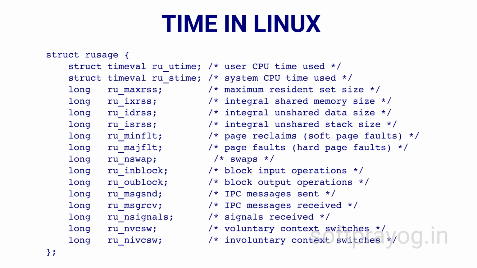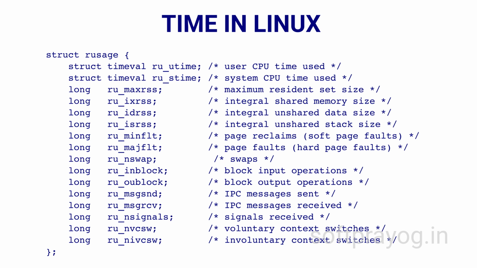Let's look at the structure for resource usage, struct rusage. The first two members are struct timeval, which is time in seconds and microseconds. These first two members are for user and system times.